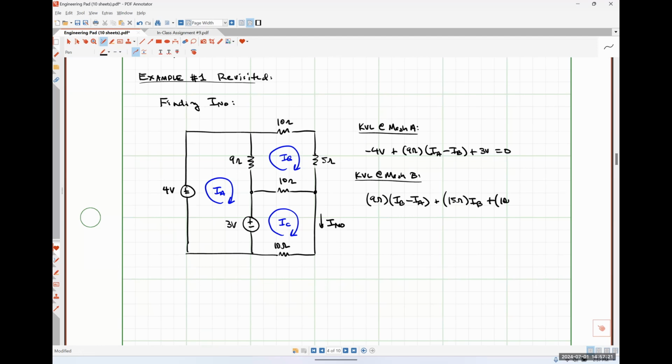And then lastly, I'm going to have 10 ohms times (IB minus IC). Set that equal to 0. And now for KVL at mesh C, I'm going to have -3 volts plus 10 ohms (IC minus IB) plus 10 ohms IC is equal to 0. And let's solve this system.